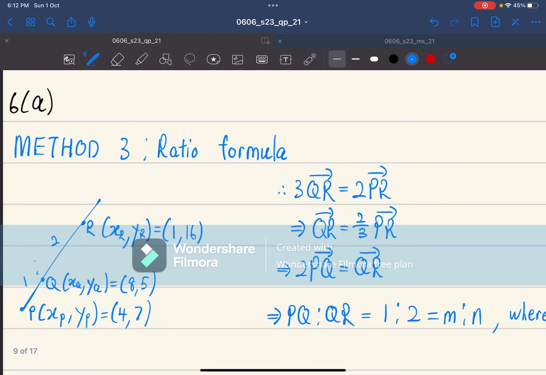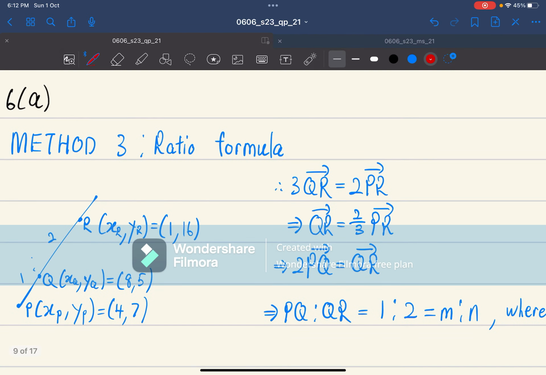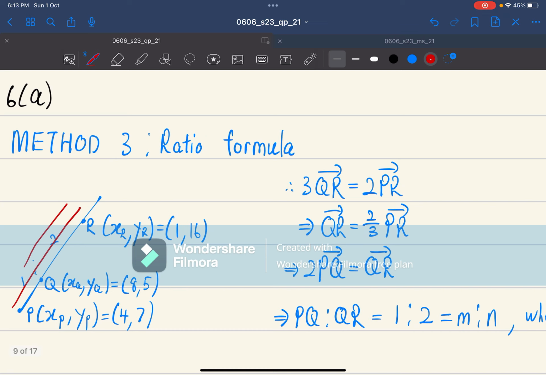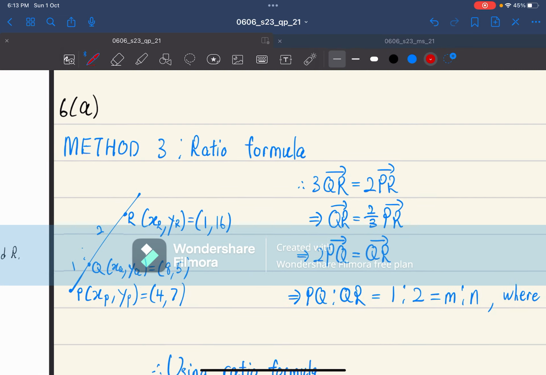And between PR and QR it is 3 to 2. So we need 3 QRs to be equivalent to 2 PRs. Therefore, if we were to split it out, we would get 2 of PQ equals 1 of QR, right? I hope that's easy to understand.